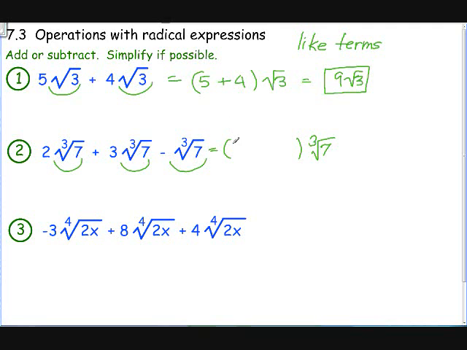I've got a positive 2. I'm adding 3. And I'm subtracting 1. Yes. We don't see the 1 written there, but we know that that represents 1. So let's see. That would be 5 minus 1, or 4 cube roots of 7.